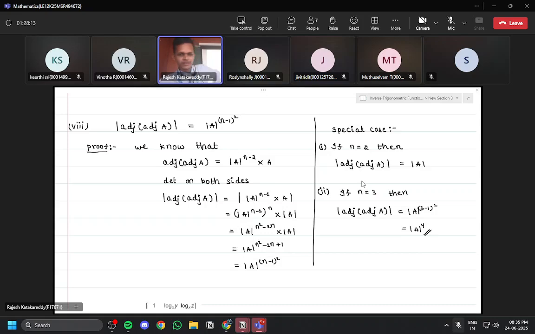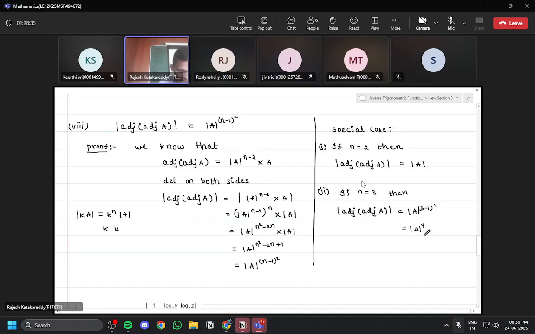That is a scalar. Taking a scalar out from a determinant, we should write scalar to the power n there. So let me write the property. Determinant of k into matrix A will be equal to k to the power n into determinant of A, when k is a scalar.